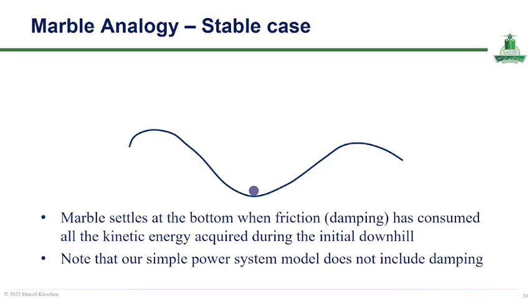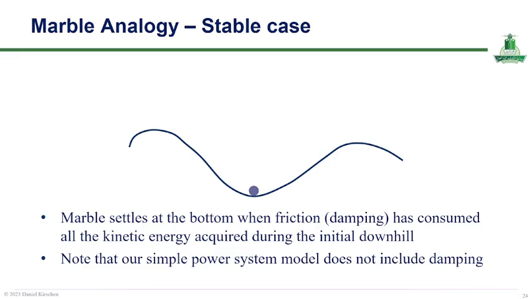So this slide illustrates the stable operating condition using the marble analogy. When the marble is placed in a valley, it naturally settles at the lowest point because friction or damping gradually dissipates all the kinetic energy gained during its motion. As a result, the system returns to equilibrium after any small disturbance.